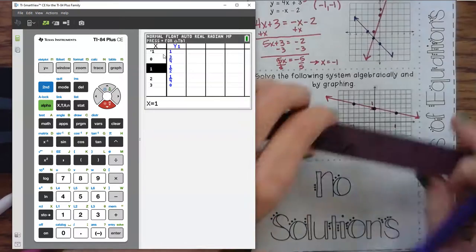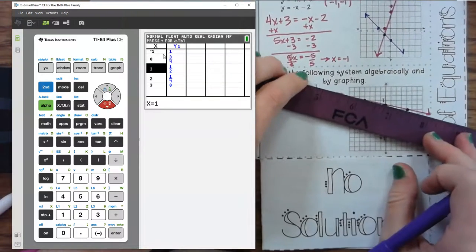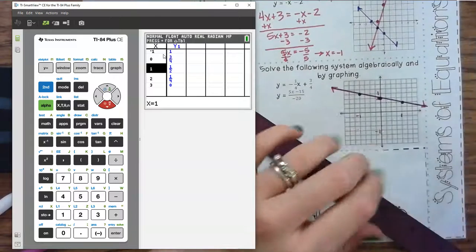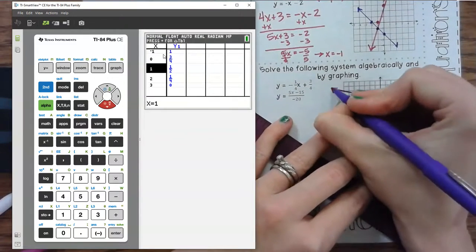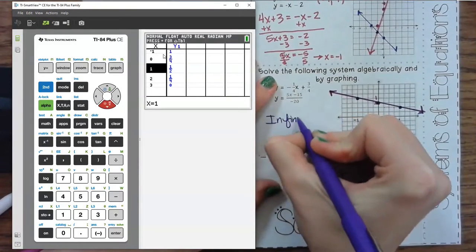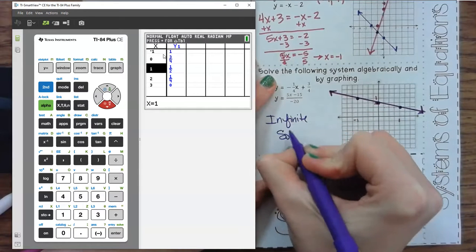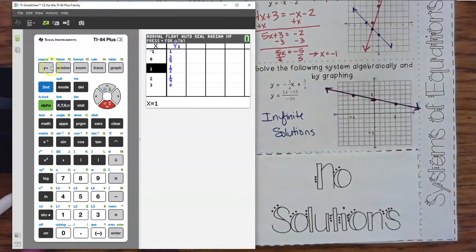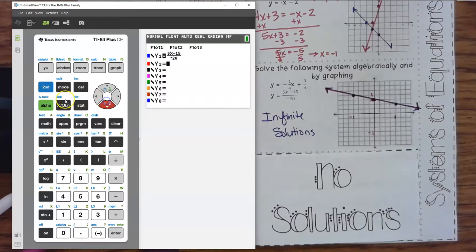So when you graph, and the two lines are exactly the same, they line up, all their points are identical, like we have in this situation, you have infinite solutions. So I do recommend, if you're doing this in a graphing calculator, let me put this other equation in really quick.